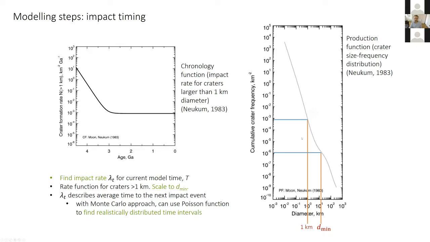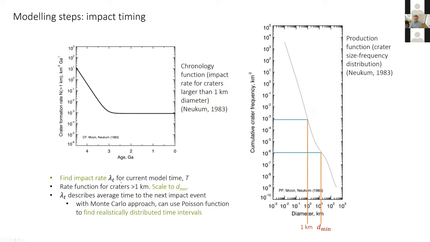On the right-hand side, you see the function that represents the size frequency distribution of crater formation on the moon. So this kind of wavy curve, it's a cumulative function. So you have diameter on the bottom axis here and the cumulative crater frequency. So that's the number of craters forming larger than the given diameter against diameter. So it has this form.